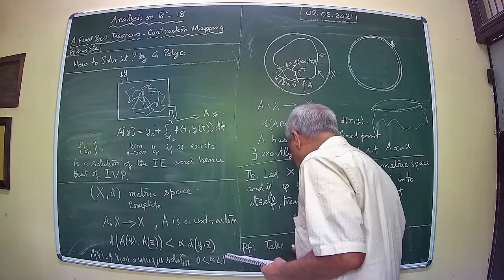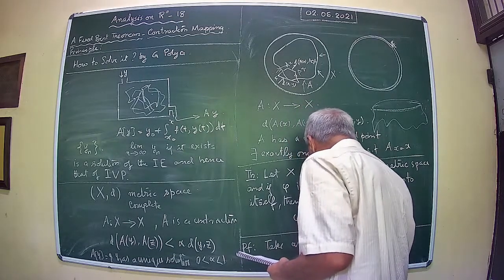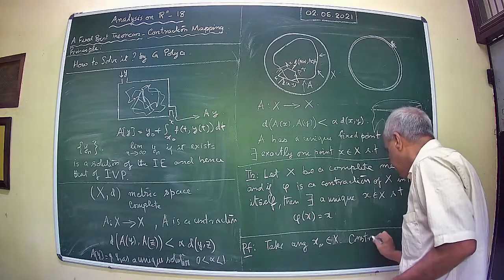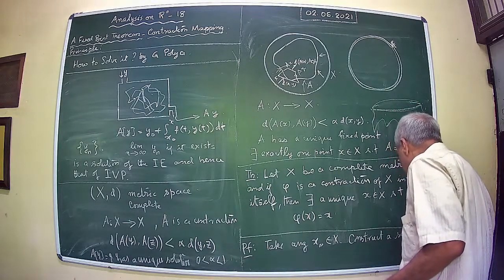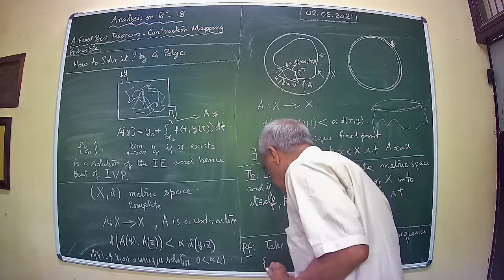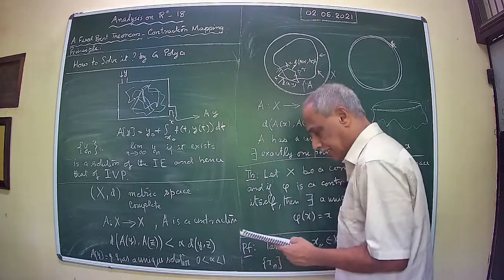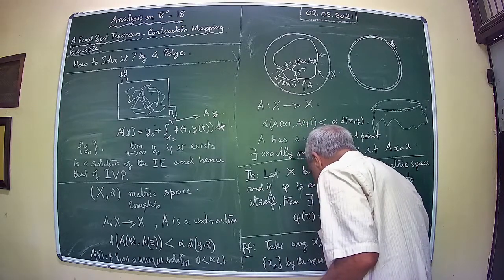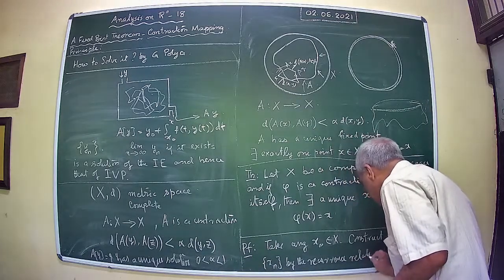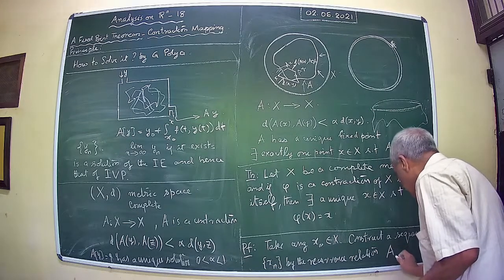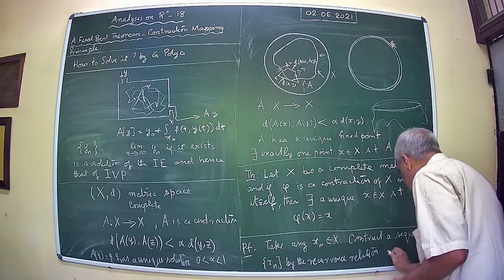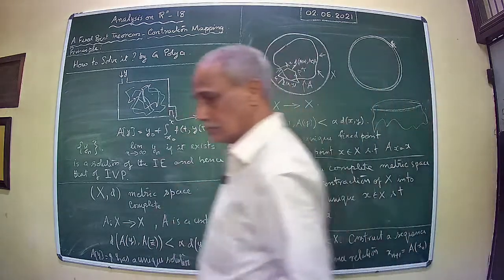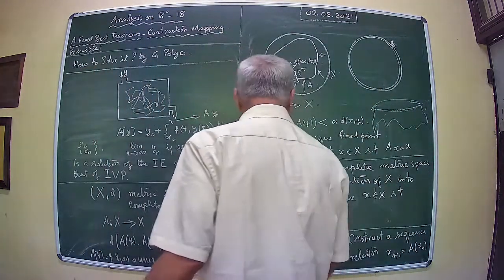Take any x naught in X, construct a sequence xn by the recurrence relation, as I said, putting it in the machine, or refining it at each stage, you get a sequence.